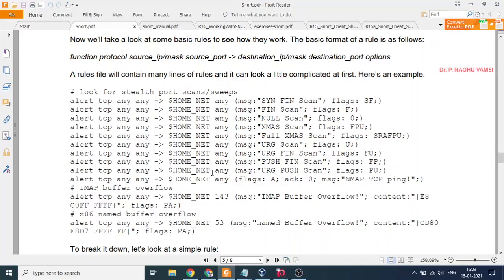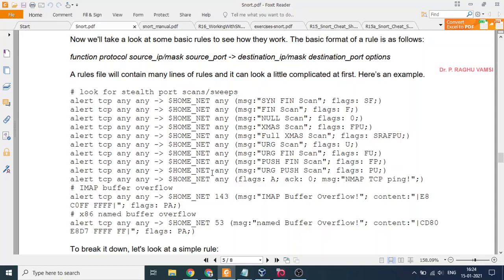Then the ping sweep will start. That means the attacker will try to send a ping request to each IP address in the subnet. Individually, they cannot do it. Instead, they use the broadcast address of the subnet, so that the same ping request will go to all IP addresses in that subnet.